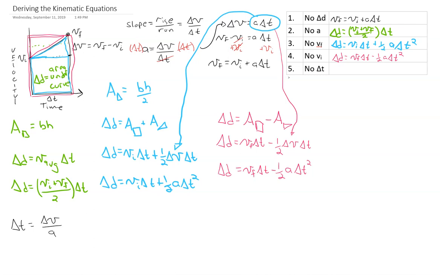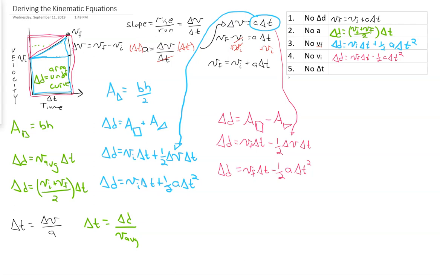Now, from equation 2, if I divide both sides by average velocity, I will get change in time is equal to my distance divided by my average velocity. Okay, so I got two things equal to time. So I'm going to make those, this term and this term, equal to each other and solve.